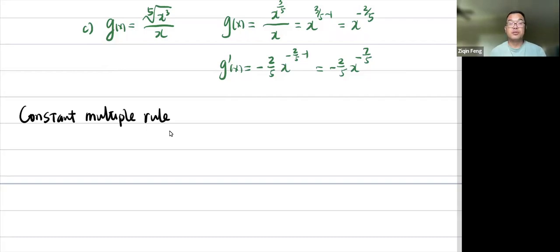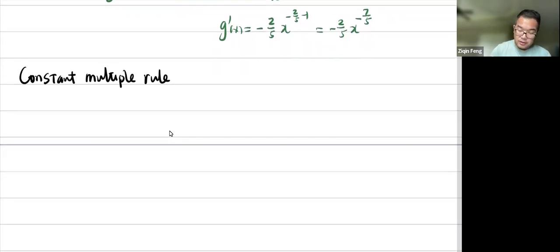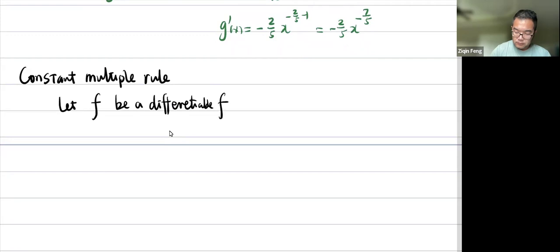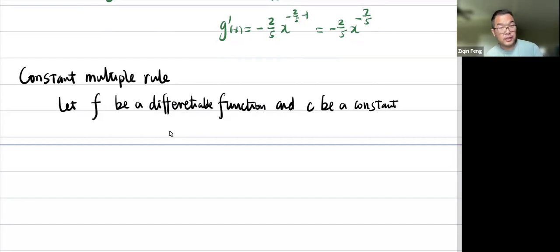And suppose you know one function is differentiable, right? So let f here be a differentiable function, and c be a constant, right?